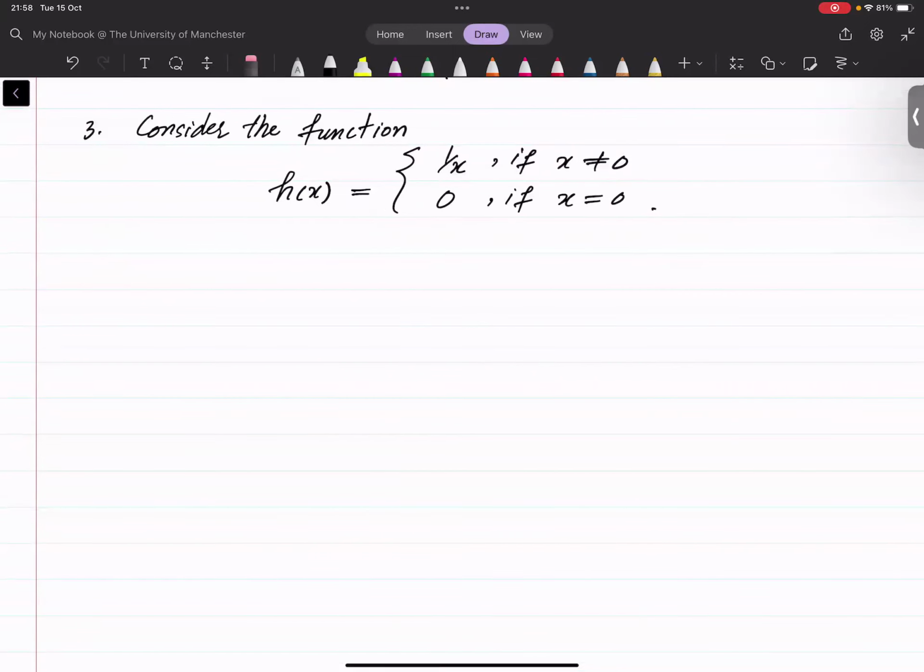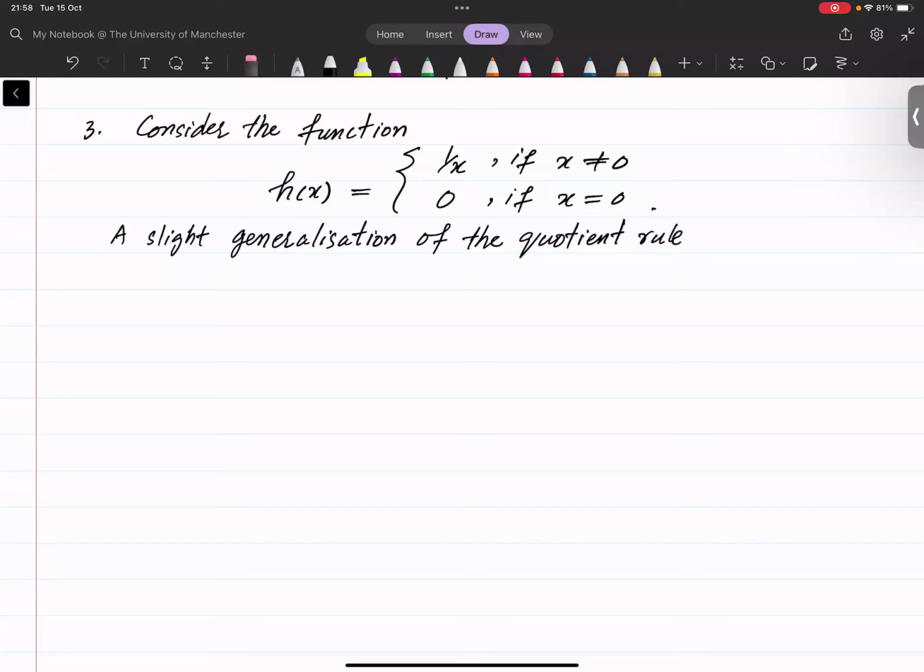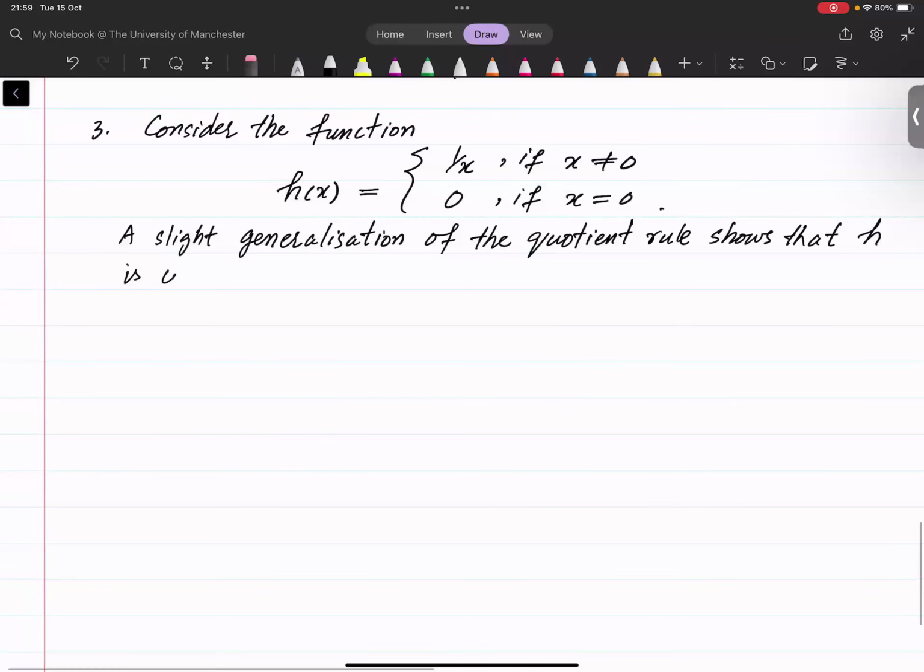Now, if you look at this function, a slight generalization of the quotient rule shows that h is continuous at any point C not 0.